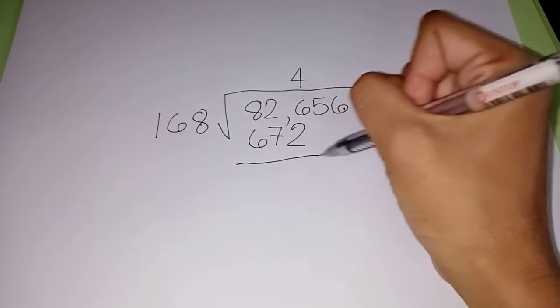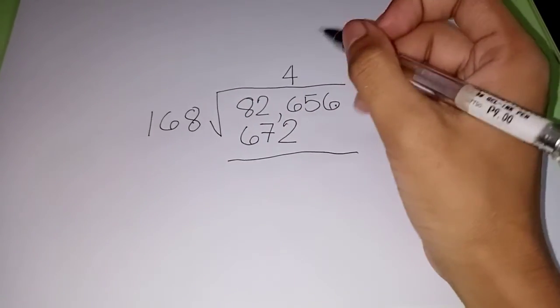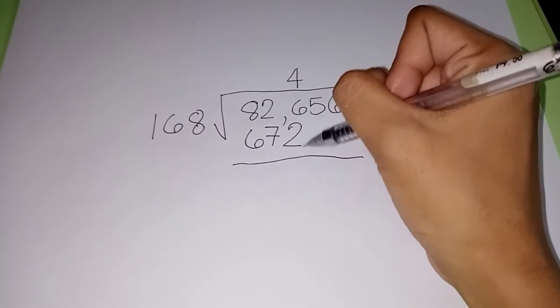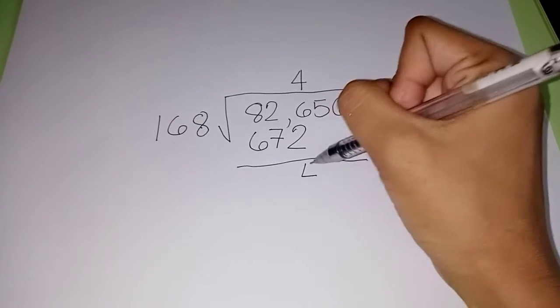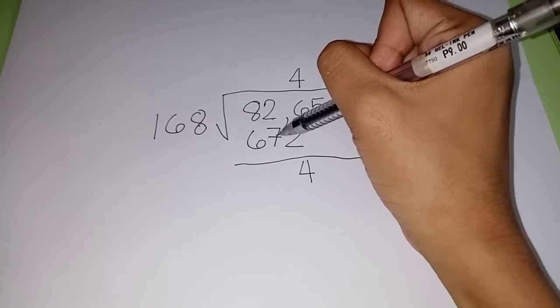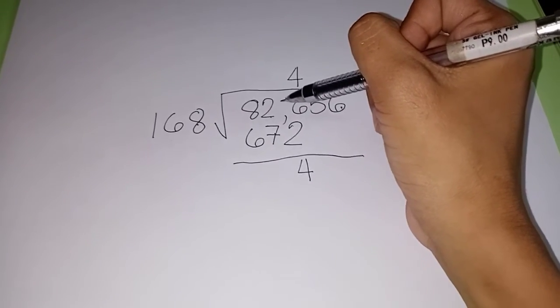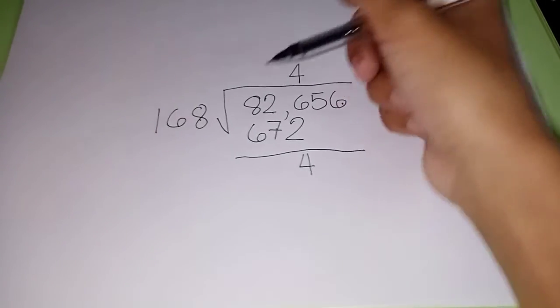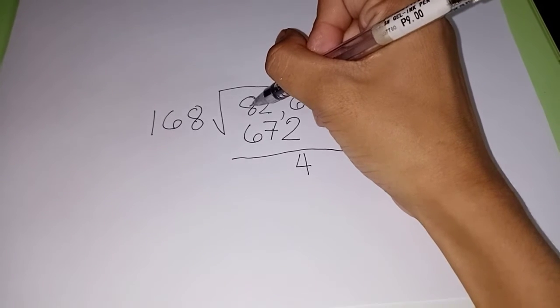Now let's subtract. 6 minus 2 is equal to 4. 2 minus 7 cannot be, so 2 will borrow from 8.